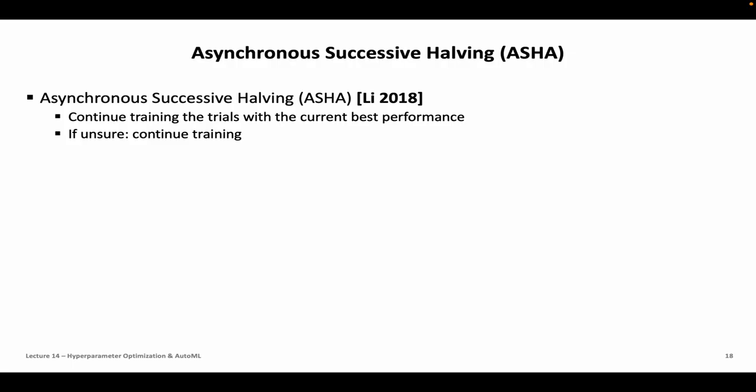We therefore need to move to an asynchronous setting, and here the ASHA algorithm comes into play. What this algorithm does is that at each of these decision points, it looks immediately at the performance of the incoming trials and then continues training them based on the information it already has available.